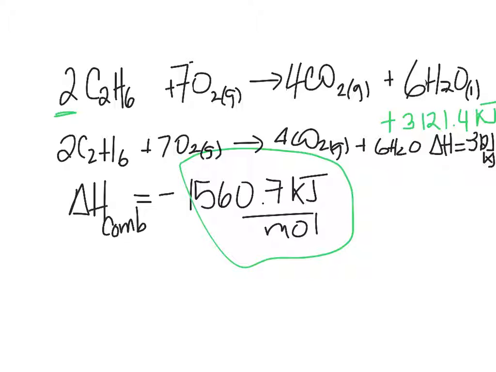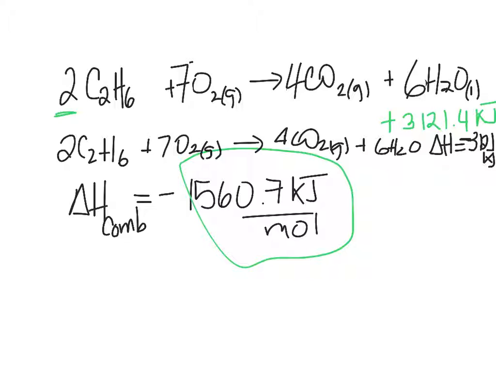Would I ever ask for one or the other, and can you use either one at the time? Yeah, if it says write a thermochemical equation for this, you can do either one. But if I say, here's some information, represent it 4 different ways, you have to do both. If I say to you, represent this information 4 different ways, 2 of them are going to be thermochemical and they're going to be different.